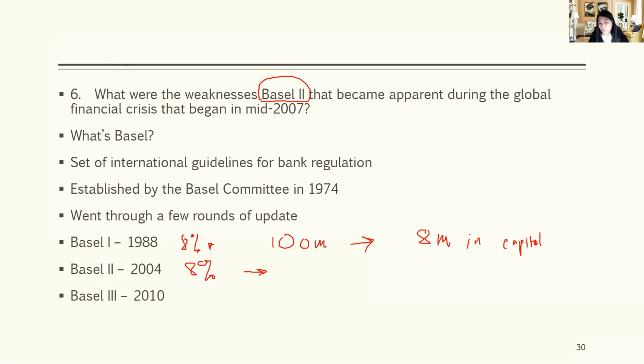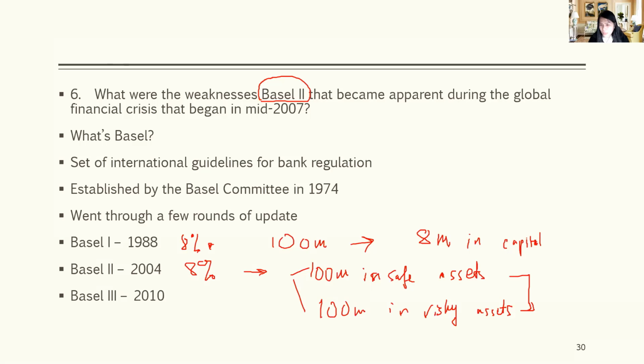So here they allow for risk-weighted assets in the sense that if I have $100 million in very safe asset, and at the same time, if my competitor have the same $100 million in asset, but in very risky asset, then if you compare the required capital between these two banks, you will see that the first bank holds less capital than the other bank, okay?